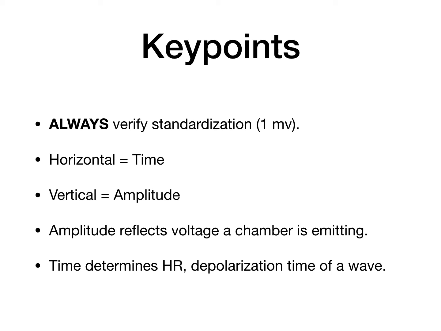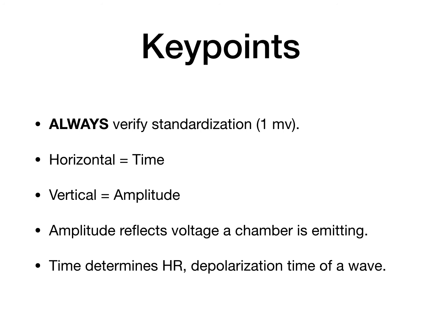If that is not present, go to the settings section of the ECG machine and make sure to set it that way. Second, remember that on the horizontal plane you have time, and that will help you a lot when measuring heart rate, to know the time that a wave takes to depolarize, and to know the time of a pause if there is any conduction problem.